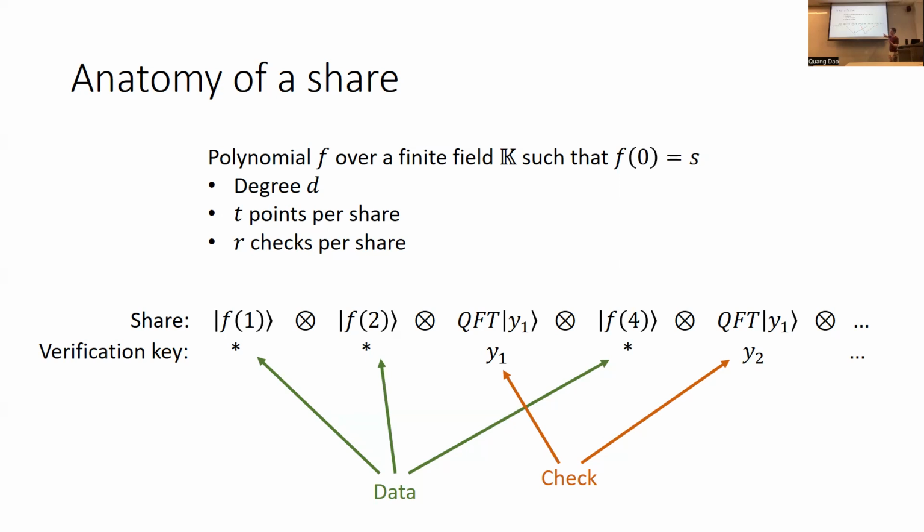And that's deterministic, so it doesn't disturb the state. But if you were to measure this in the Fourier basis, it destroys the information completely. So intuitively, for deletion, we just want the adversary to measure at least most of the share in the Fourier basis.